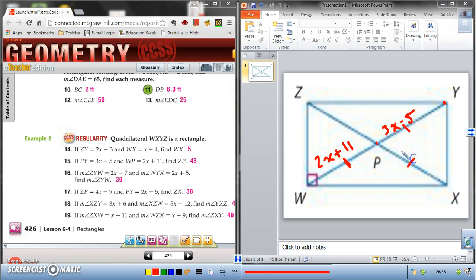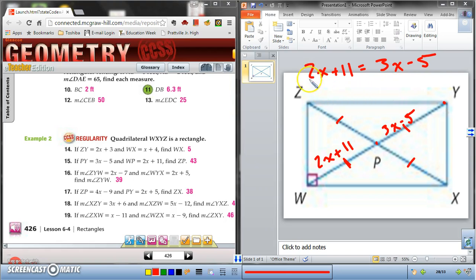So in this case, all of these are congruent to one another. So if I can find the value for x, that's going to allow me to find the measurement of any one of these four pieces making up this little X that goes in the interior of my rectangle. And so my first order of business is I have to find out what x is.